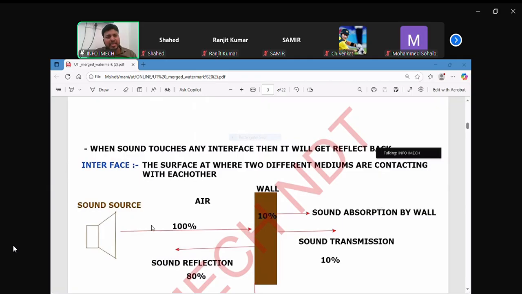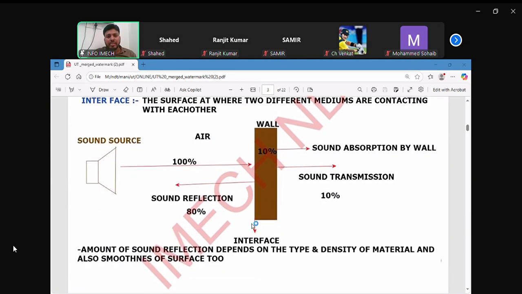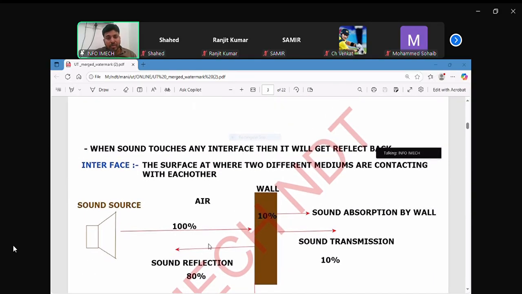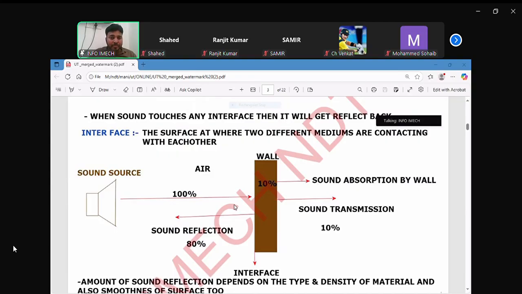When it touches a different medium like a wall, the surface of the wall works like an interface, so sound will reflect back. But 80% of the sound is reflecting and 20% enters through the wall. Of that 20%, 10% the wall absorbs and the remaining 10% goes out. So: absorption percentage, transmission percentage, reflection percentage.